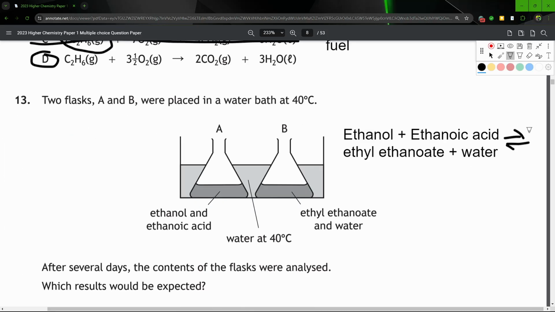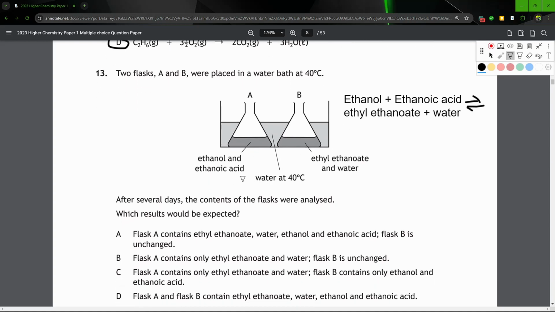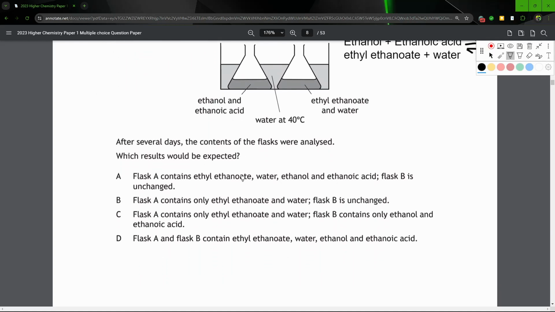Not only can you react ethanol and ethanoic acid to create ethyl ethanoate and water, but it can go back the other way as well in a hydrolysis reaction, the opposite of condensation. Over time these would become mixtures of ethanol, ethanoic acid, ethyl ethanoate, and water, until they reach a dynamic equilibrium where the rates of the opposing reactions are the same. So that means it doesn't change anymore.